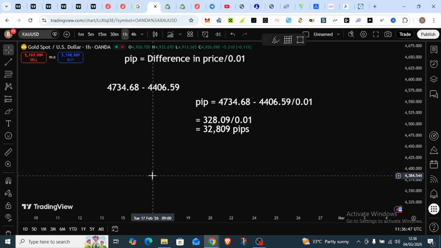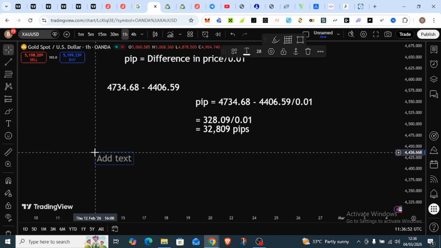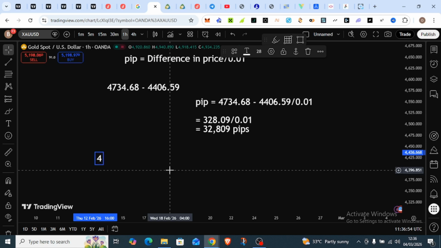What if we have another example, example 2? Price moves from 4,200 to, let's say, 4,302.35.